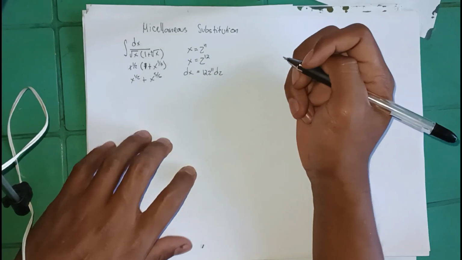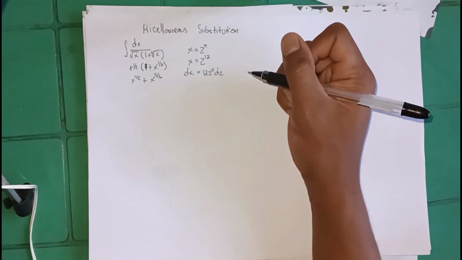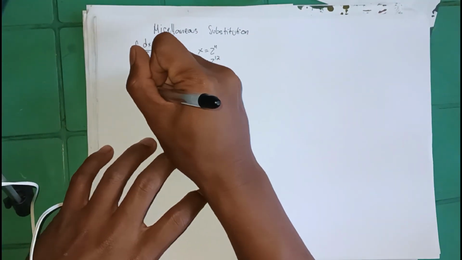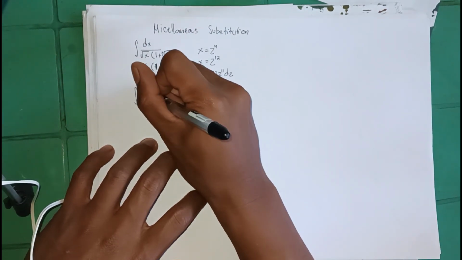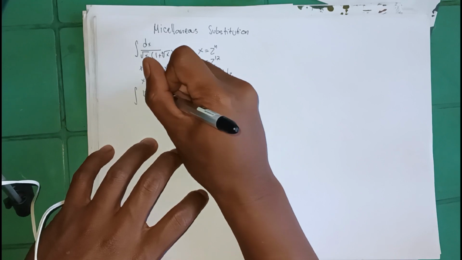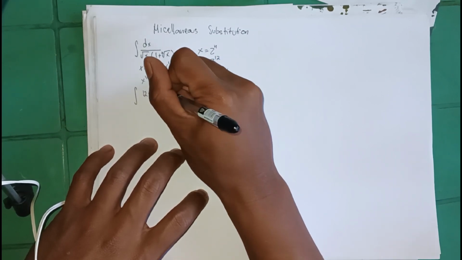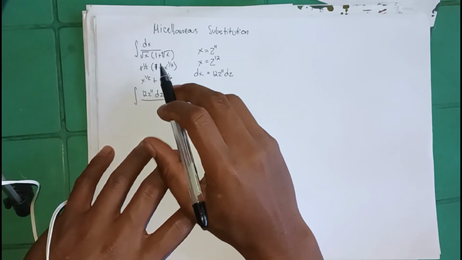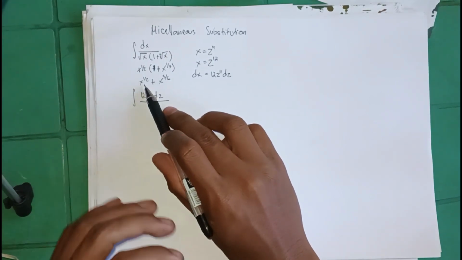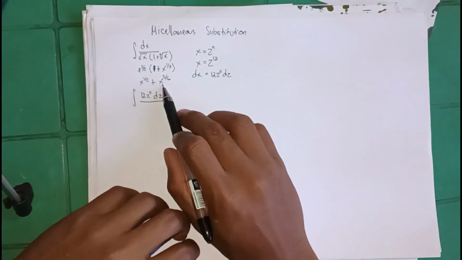Right? So we can write this as the integral of our dx, which is 12z raised to the power of 11 dz, over our denominator, which is now x to the 1/2 plus x to the 5/6.